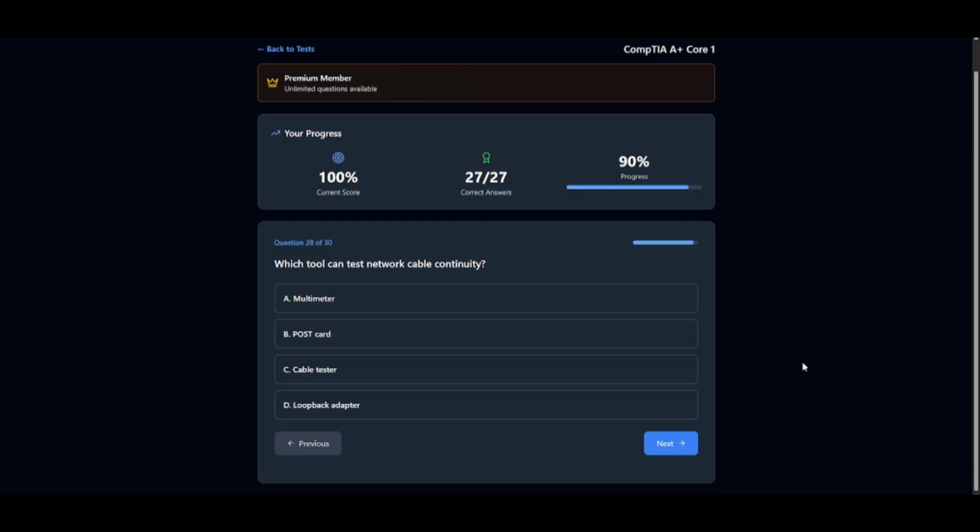Question number 28. Which tool can test network cable continuity? And this one is a little bit more straightforward. The answer would be C, the cable tester for testing network cables. Very straightforward, very easy to remember. Question number 29. What does a POST card help diagnose?